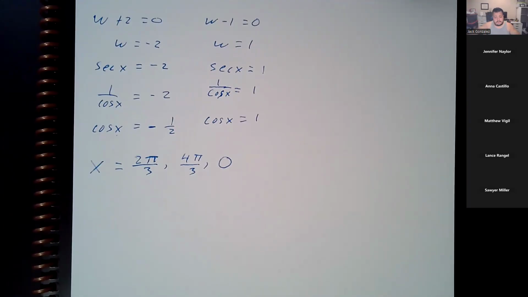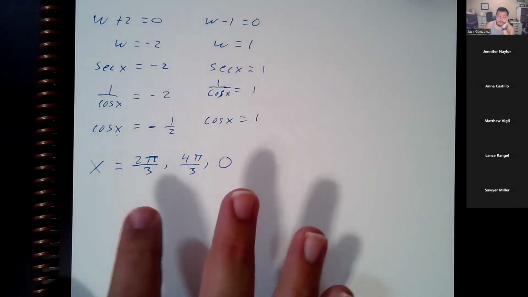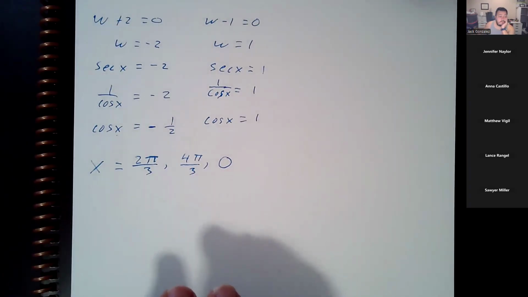Any questions on 8? Is the old school algebra okay? The dummy variable okay? And the unit circle part okay? I like switching out for the W because it makes it easier to solve.